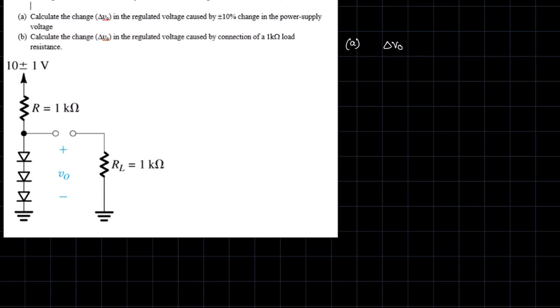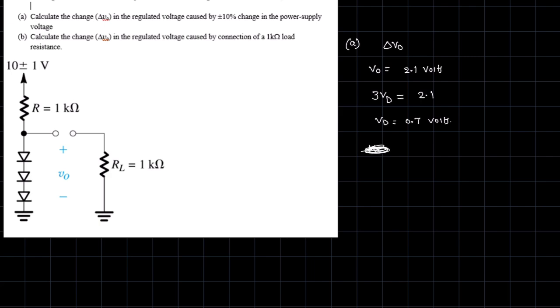Here V naught, the output voltage, is given as 2.1 volts, and three diodes are connected in series, so 3 times the diode voltage VD is 2.1 volts, so each VD is 0.7 volts.